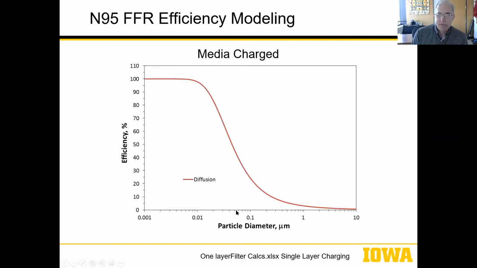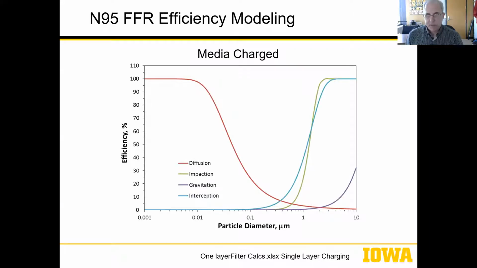You can see diffusion, that's what we're talking about here, is extremely efficient for the very, very, very small particles. 100% are being captured. That's what it's showing up on the top left. So it's not true that N95s get less and less efficient for smaller and smaller particles, which would be intuitive, that the super small ones get through. That is not true. The super small ones actually start getting captured by this diffusion mechanism.